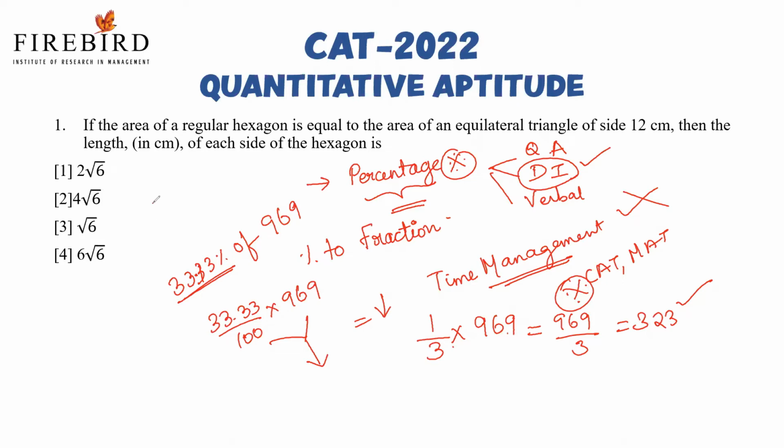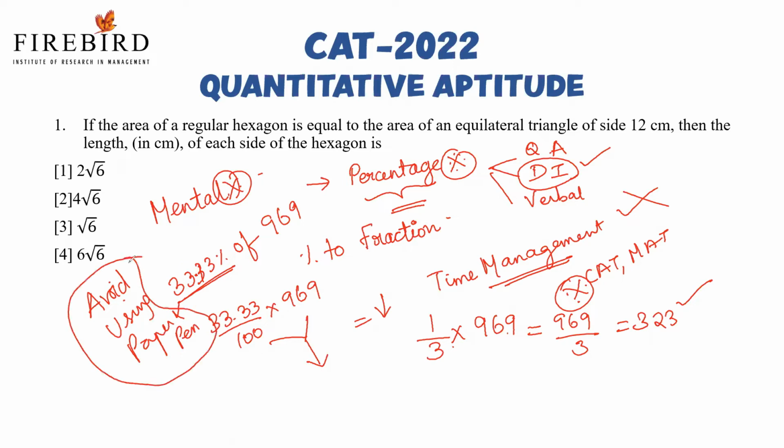Also, mental calculation is very, very important. The next important thing is you should avoid using paper and pen for all these simple calculations. For most of the calculation, you should rely on your mental ability.